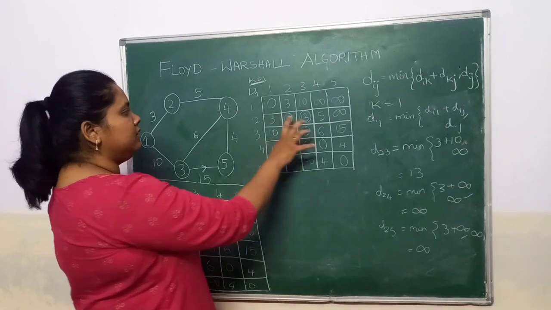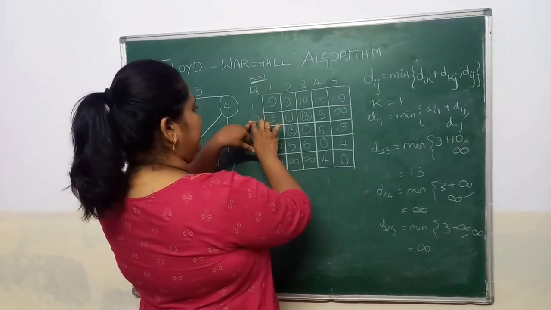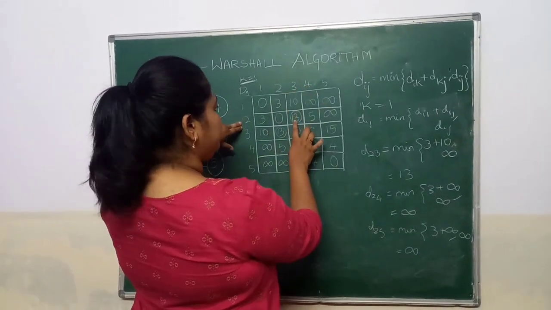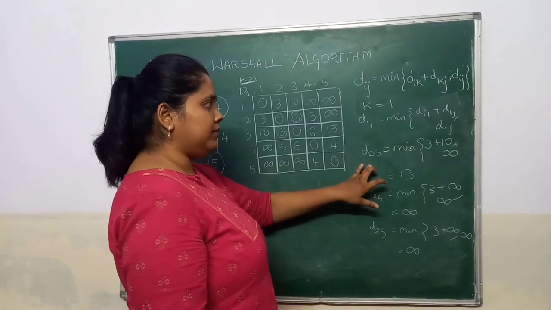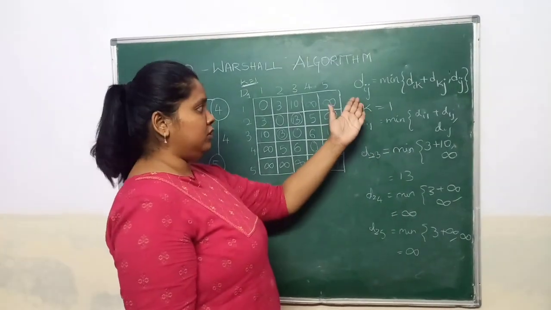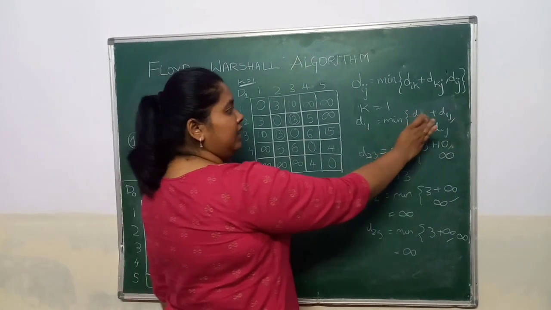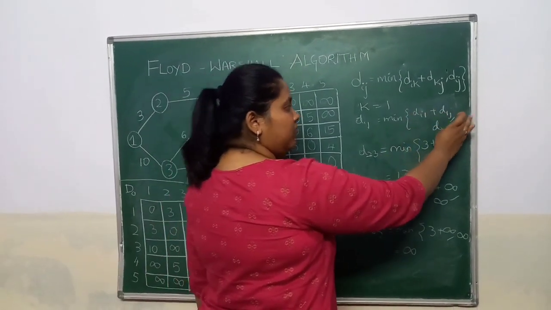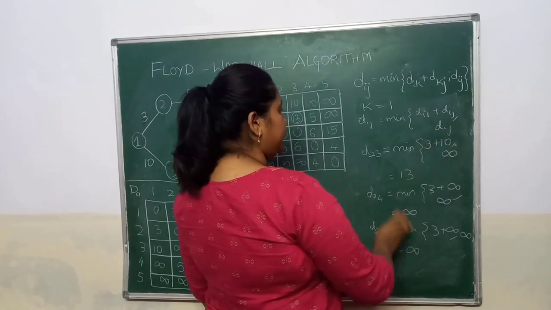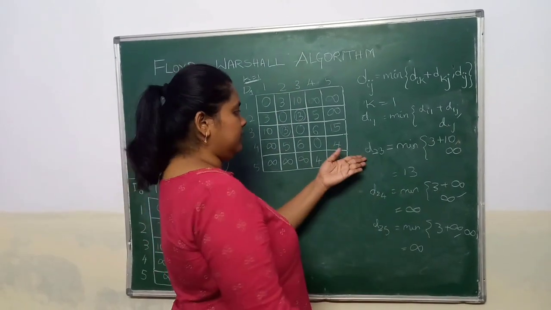First let us consider in the second row D2,3. At first k equals 1 will be applied in the formula. So we get Dij equals minimum of Di1 plus D1j, Dij. Let us start for 2,3.